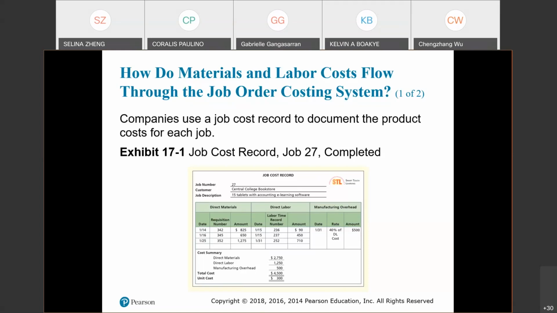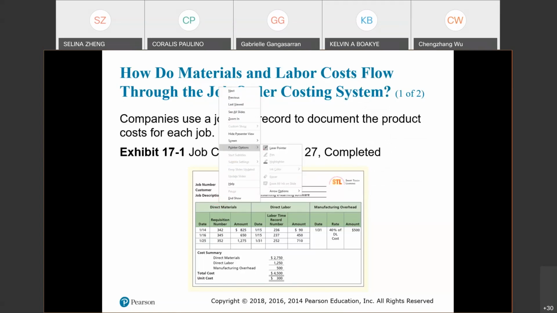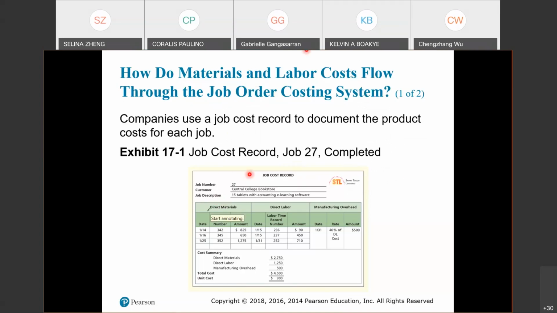So Smart Touch Learning uses a job order record to document the product cost for each job. Again, the three parts are direct material, direct labor, and manufacturing overhead. In a job order costing system, companies must accumulate costs and then assign the cost to each job.